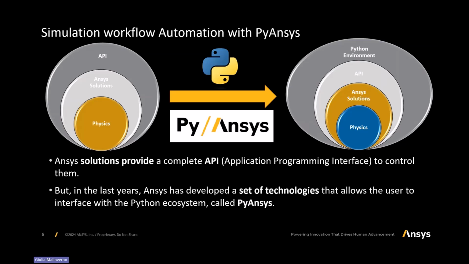If we look at the right picture, we can think of the blue circle as the physics, for example Maxwell. The yellow one is the Ansys solution, so Ansys Electronic Desktop, AEDT. The light gray is the native IronPython API, and the dark gray is PyAEDT, the Python environment that functions as a wrapper on top of the IronPython API.